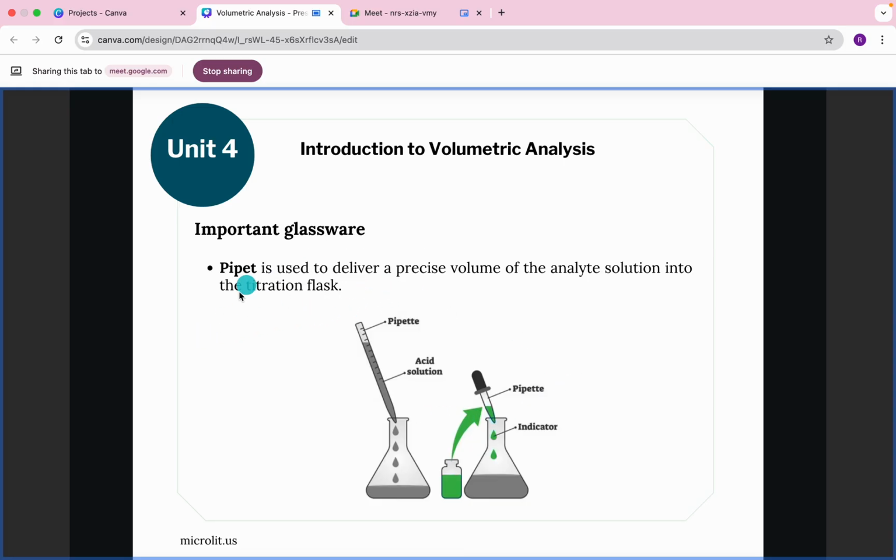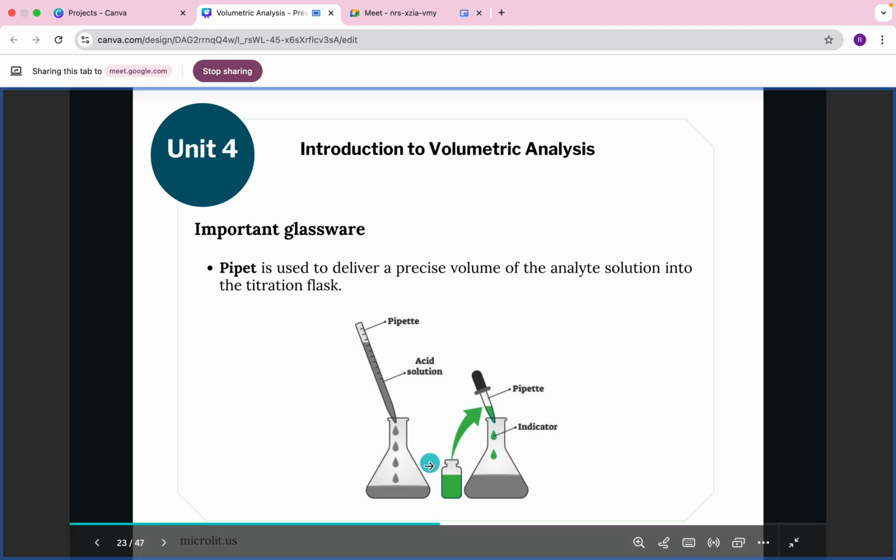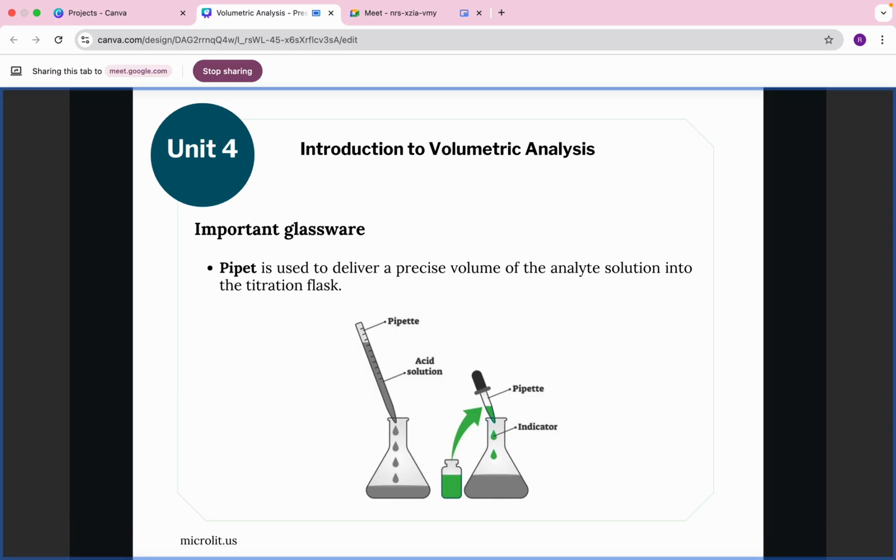The next one is the pipette. Your pipette is used in titration to accurately and precisely measure and transfer a fixed volume of a solution. When you're preparing your sample and transferring it into the Erlenmeyer flask, typically the analyte is in that sample.